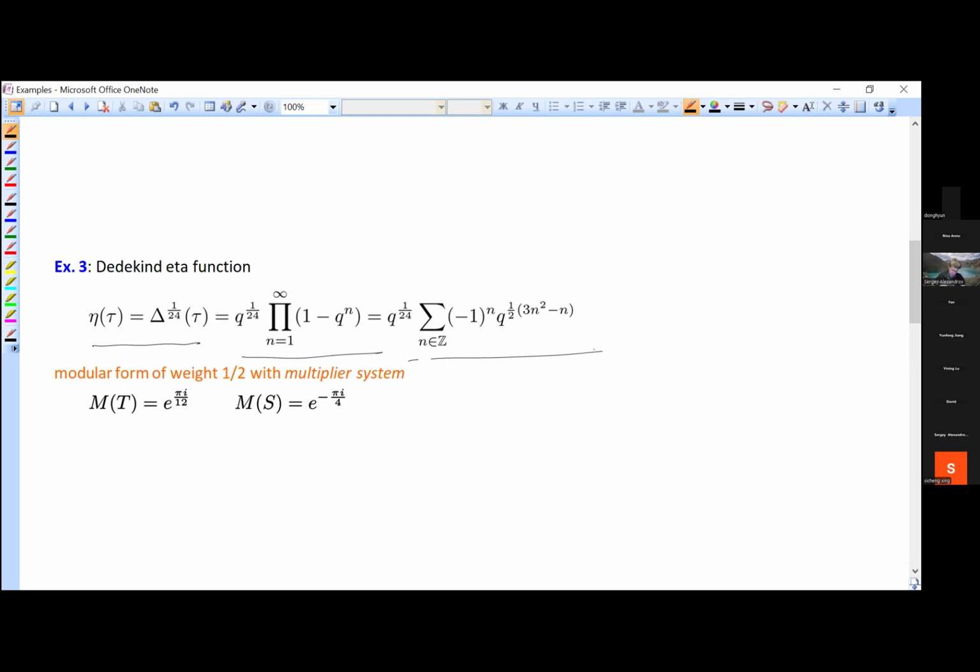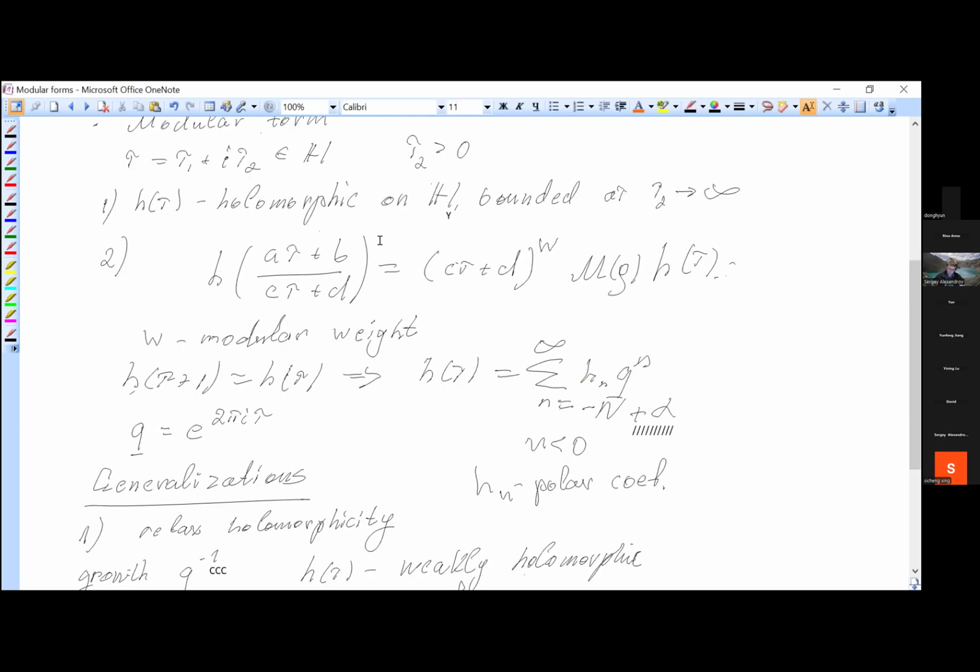This is a typical example of such a modular form. Since the multiplier system must satisfy a cocycle condition, and the SL(2,Z) group is completely generated by just two generators, T and S, it's enough to define this factor M for these two transformations. You see what this factor is equal to for the T transformation and the S transformation. This completely fixes the multiplier system, and the Dedekind eta function is one of the very important modular forms.